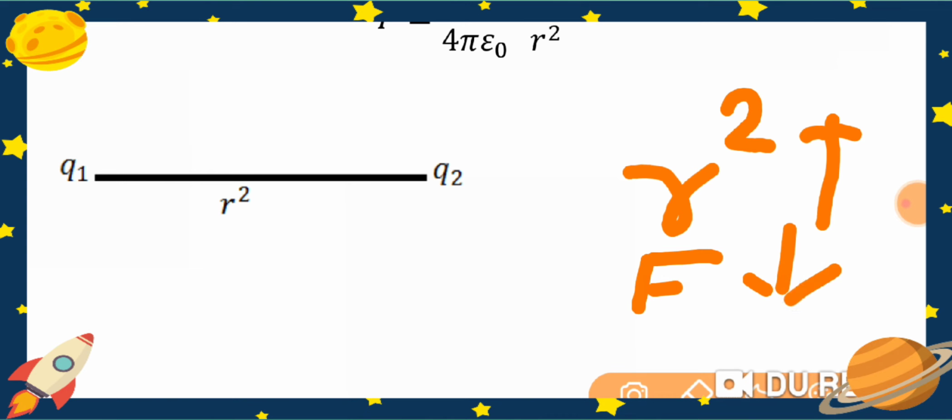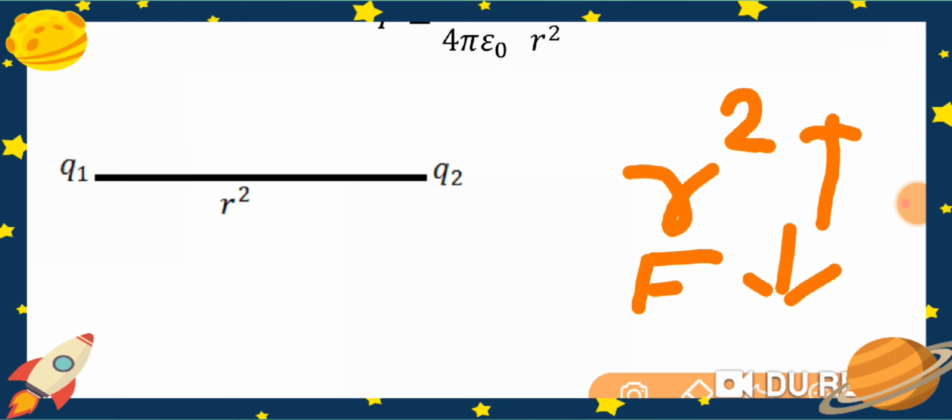These are the two results which Coulomb carried out. On the basis of his observations and experiment, he gave a law that is formally known as Coulomb's law, and it gives us the force between any two point charges.